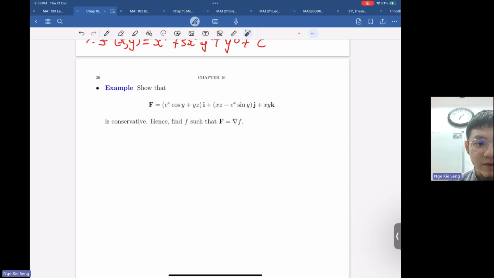You can read section 16.6. It's like we parameterize the curve first, then we parameterize the surface. For a curve you need one variable, for a surface you need 2 variables. So we don't just look at the xy plane. We use u and v, but they appear in a different form.